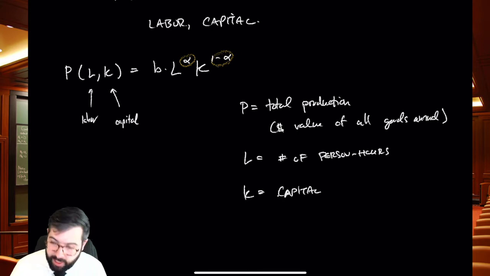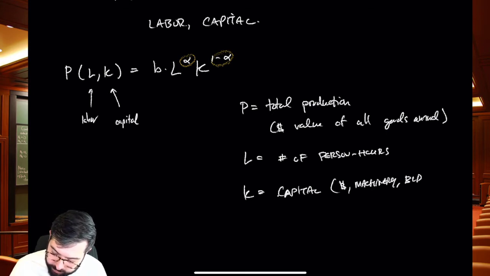K is total capital, which is the total monetary value for all machinery, buildings, equipment, etc.